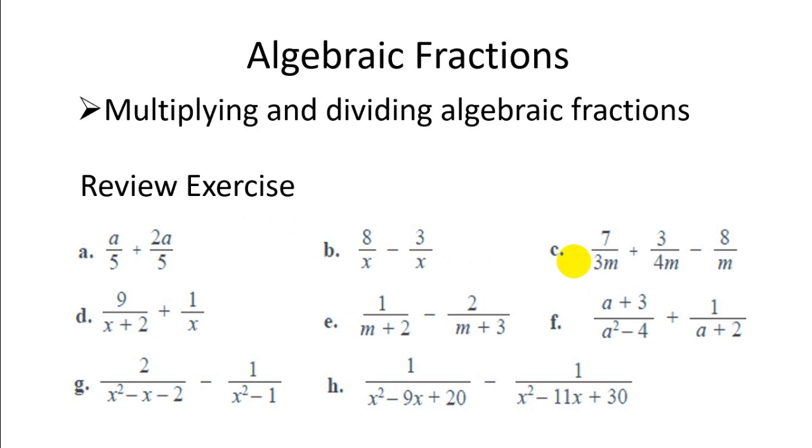In that case, you need to find the LCM in order to solve these problems. So let me take you through a few example questions under the same review exercise, so that you will be more confident to do multiplying and dividing algebraic fractions.